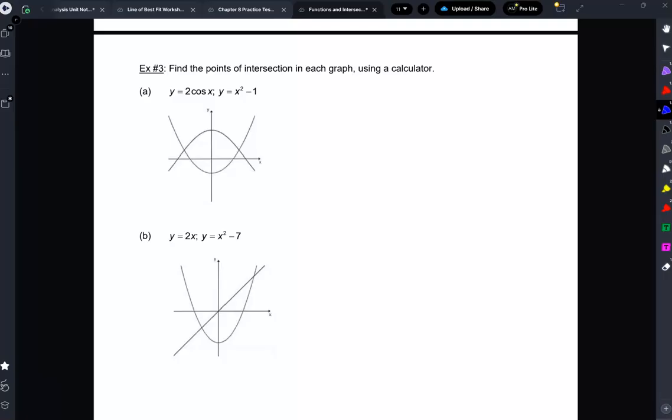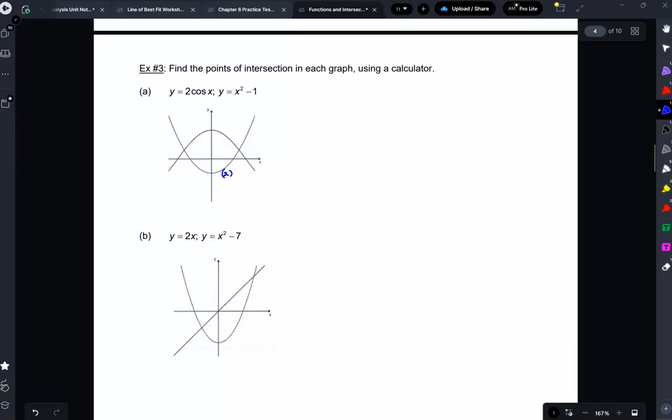So in these, I have 1 and 2. Which one of these is the cosine? The 1 or the 2? Two of you answered and you each gave me a different answer. 1 is the cosine.